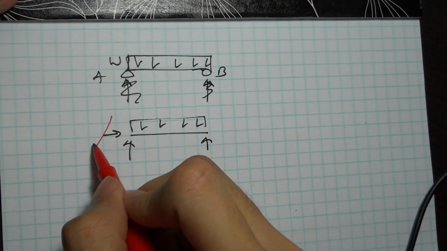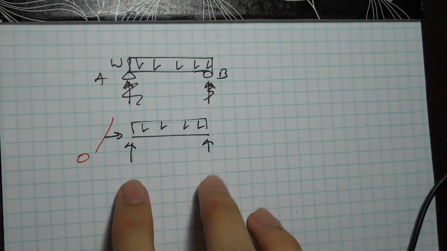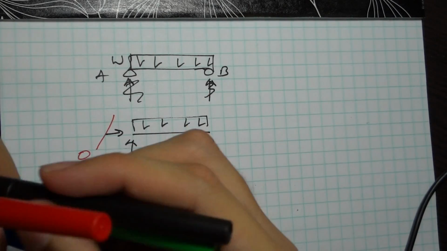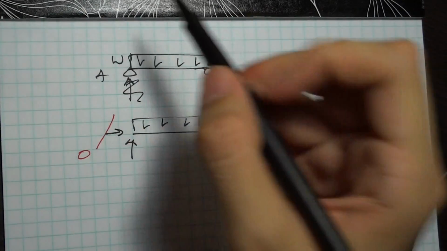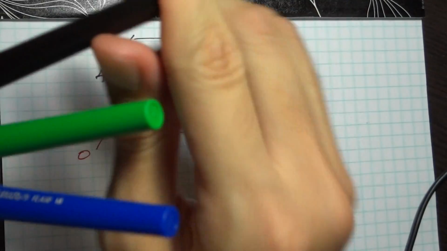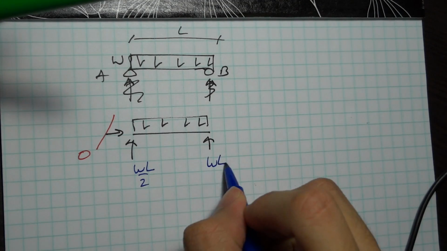Okay, so our axial is 0, so we're not going to even worry about that. Our AY and our BY are going to be equal, and they're going to be equal to WL over 2, where this is the length L.